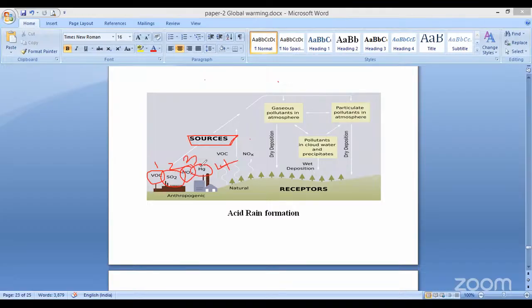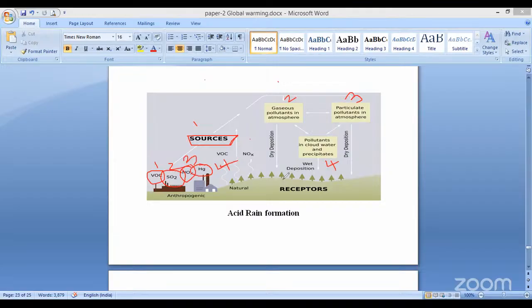They can react with the pollutants present in the atmosphere. The particulate pollutants in the atmosphere can also react.